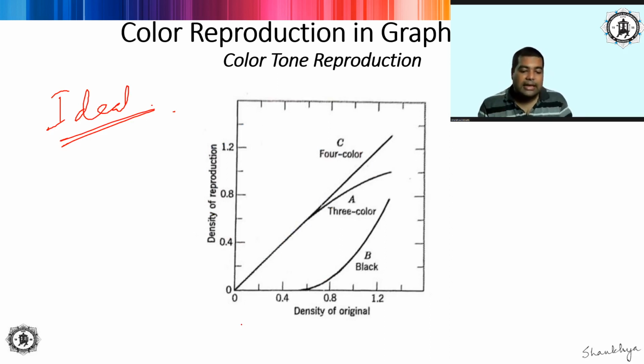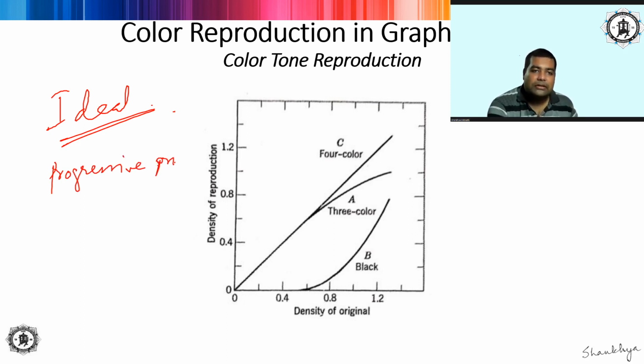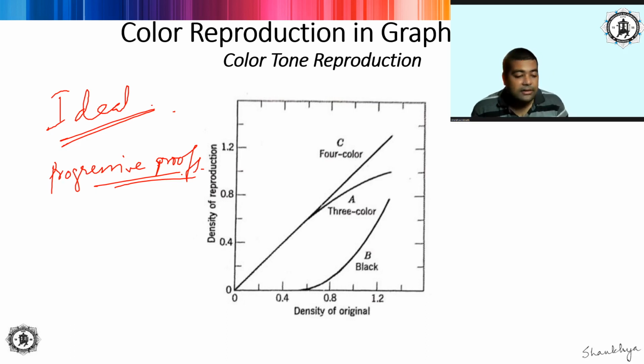There is a concept in proofing. I will be talking about proofing at the end of this lecture series on pre-press repro. That is our final unit. There is this concept which is known as progressive proof. I'll explain what progressive proofs are. First of all, let us understand what a proof is.